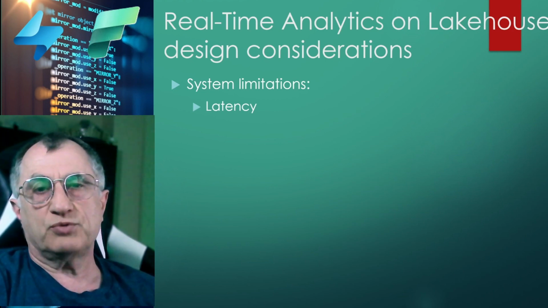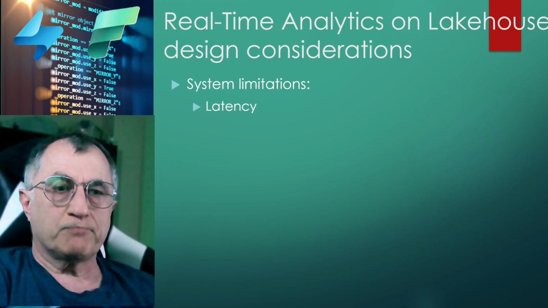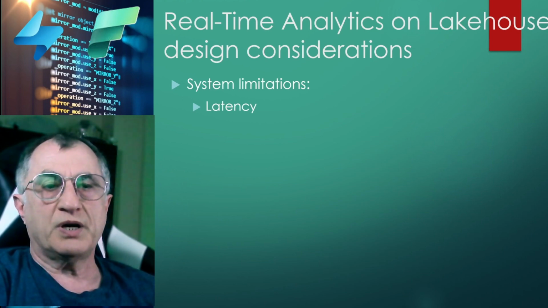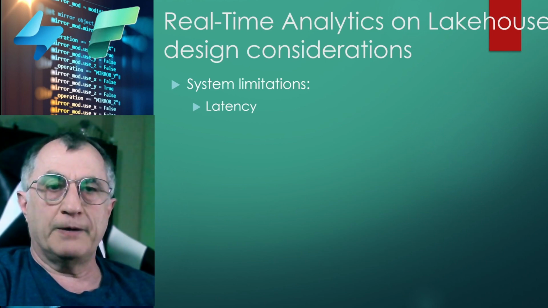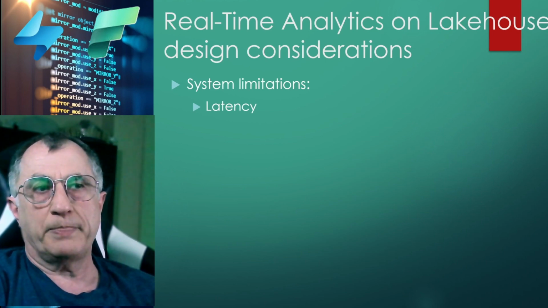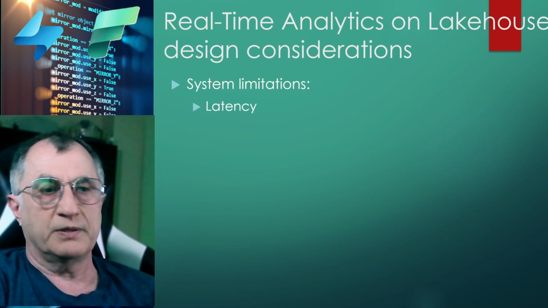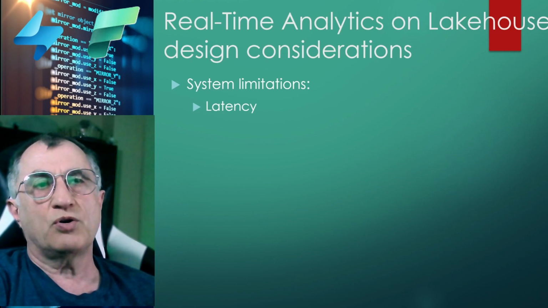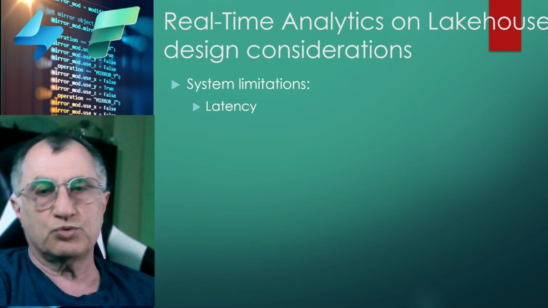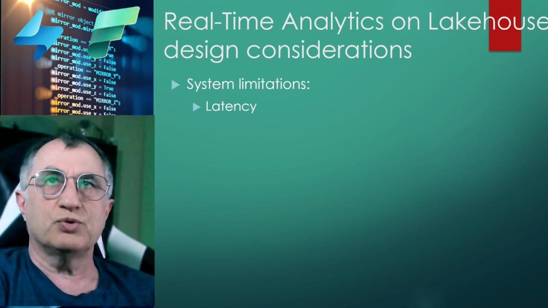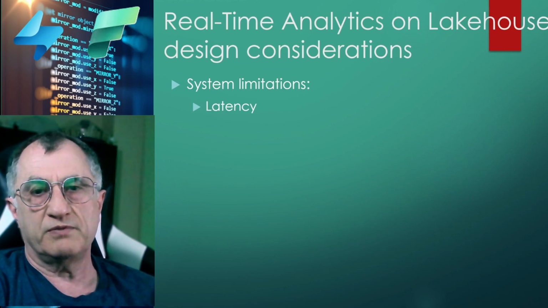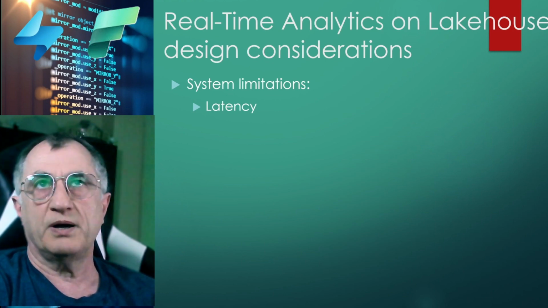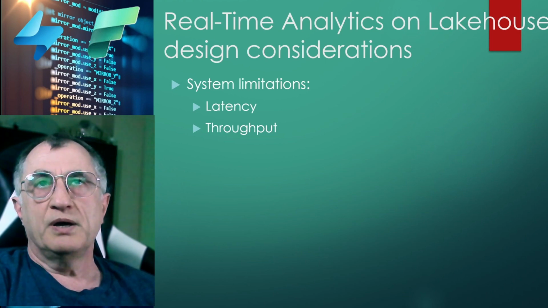That means that you have to choose components that ensure continuous and low latency data movement. And you also need to try to minimize the number of different components involved in your end-to-end pipeline to reduce latency, because it's expected to have some latency when you have too many hops in your pipeline.